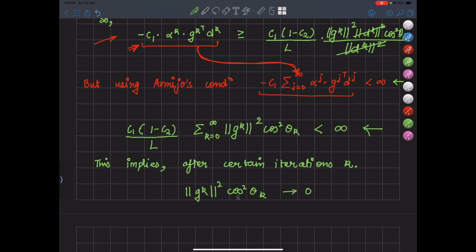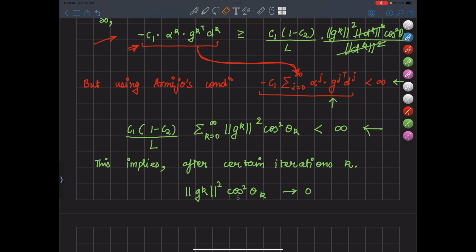This is what this means. This we also concluded when we were using Armijo conditions a little while ago. This is because the sum of this is a positive number, you can guess, because this is squared, right?